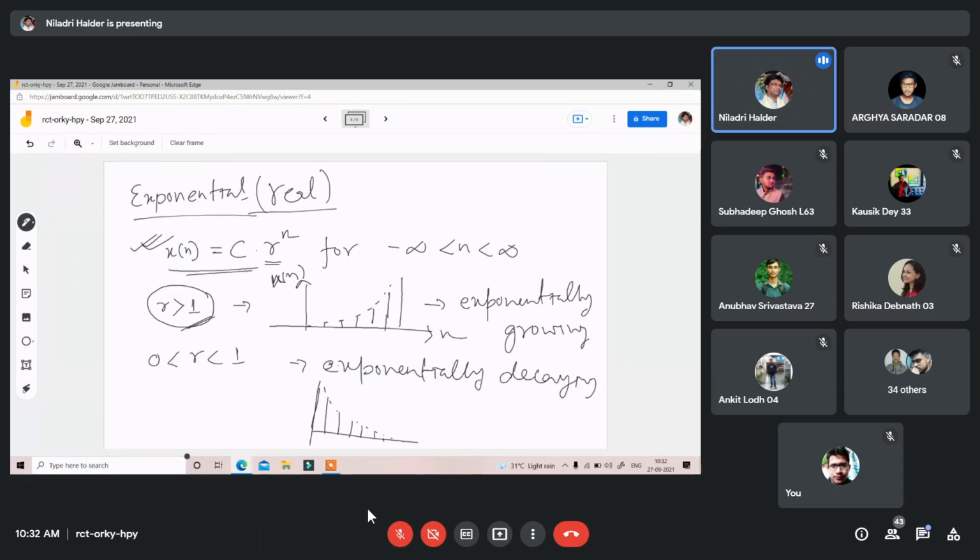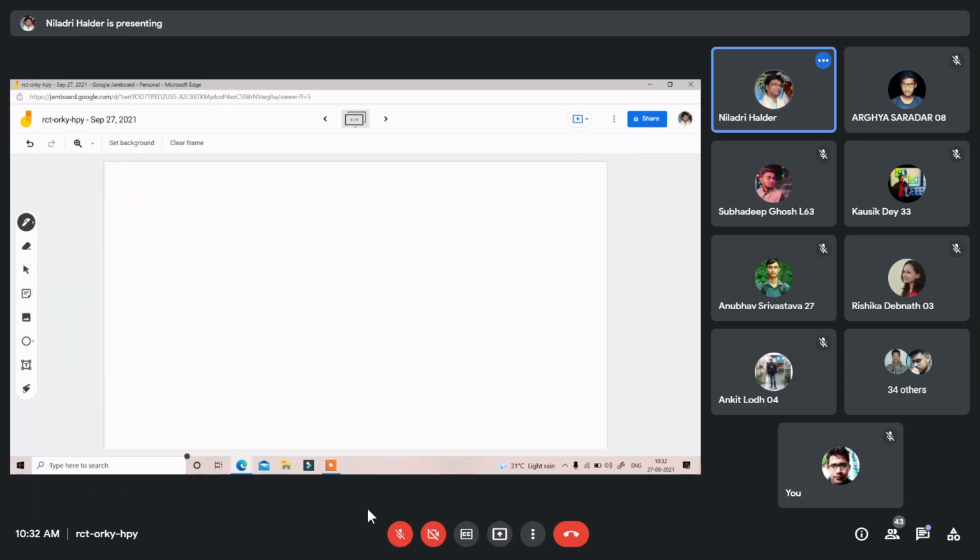And the third condition is that if the value of r is less than -1, that will give you exponentially growing but with alternate sign.